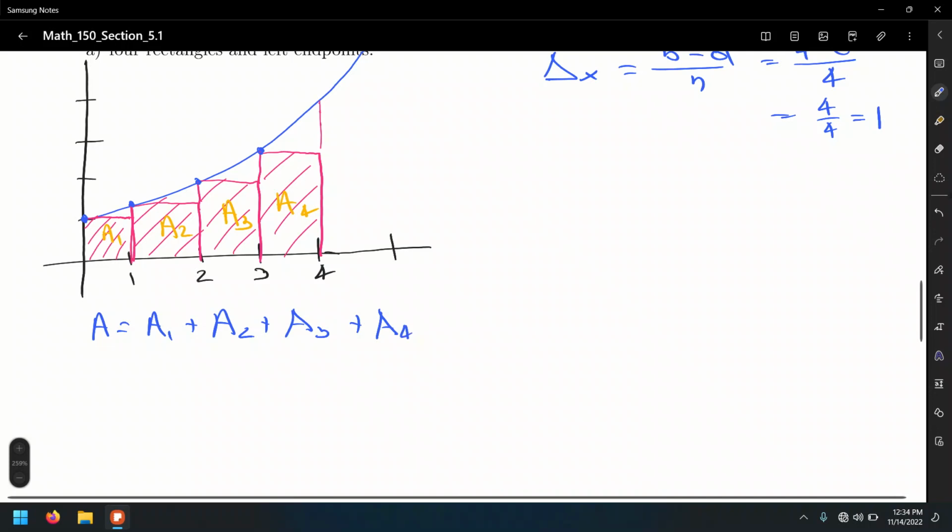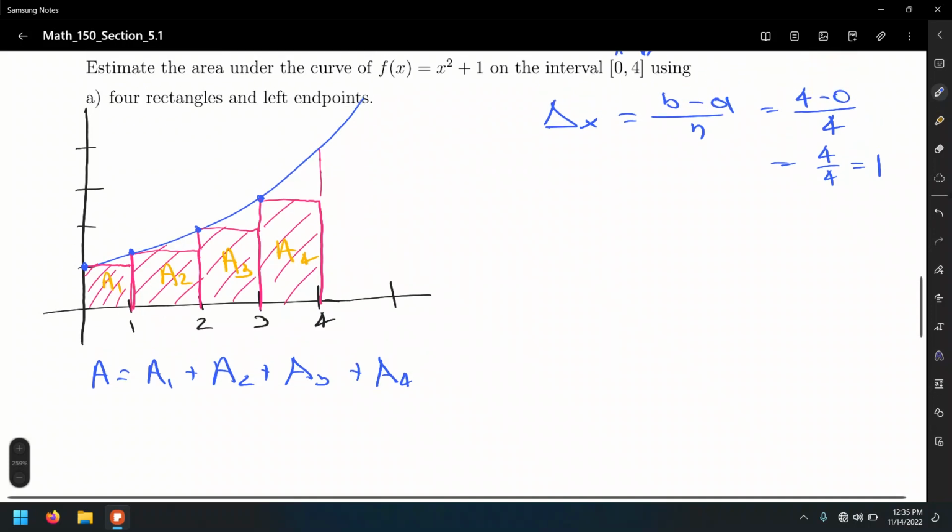You will find out how simple these calculations are going to be. But they are deceivingly simple, because it's important to understand the number of rectangles, how we set up the region, and keeping in mind whether it is going to be left endpoint or right endpoint, which is the mistake I just made.